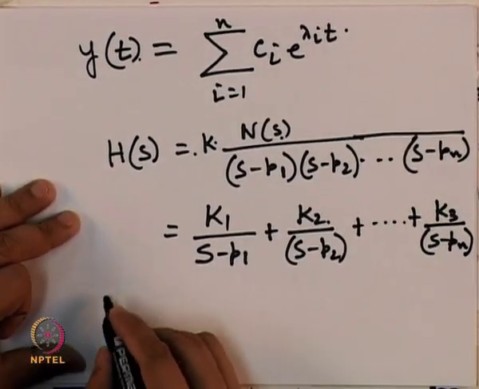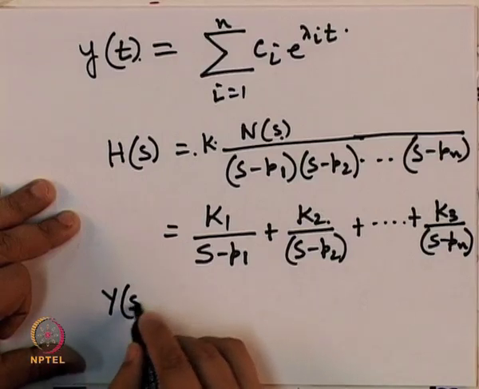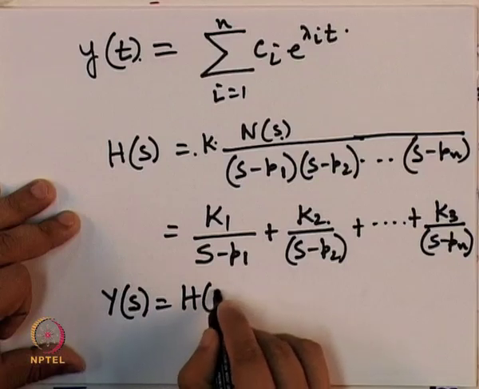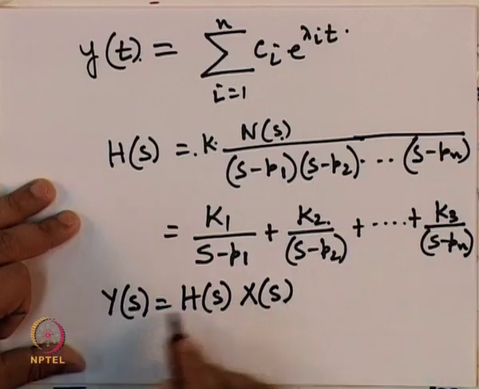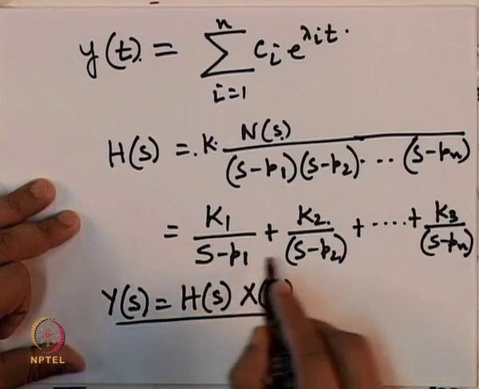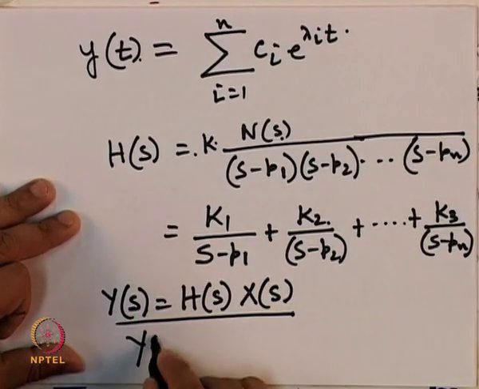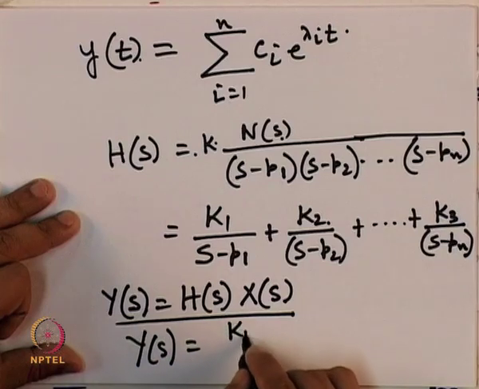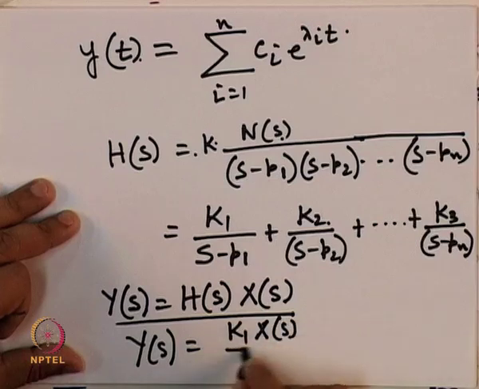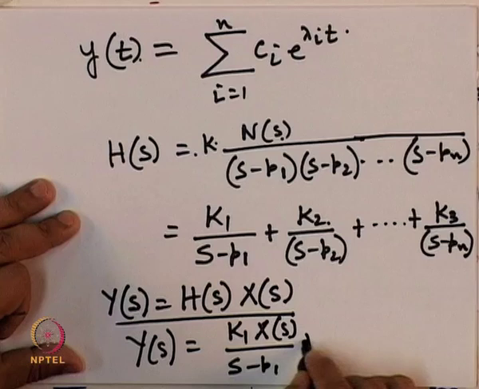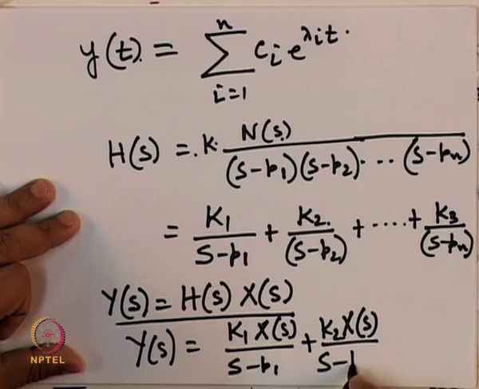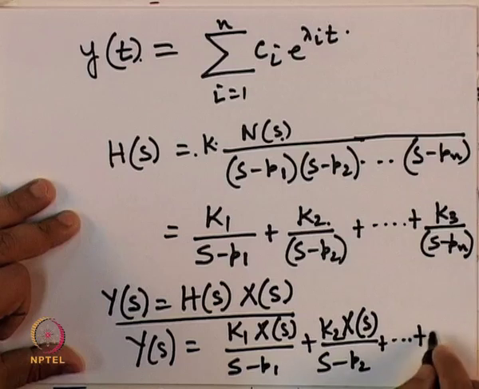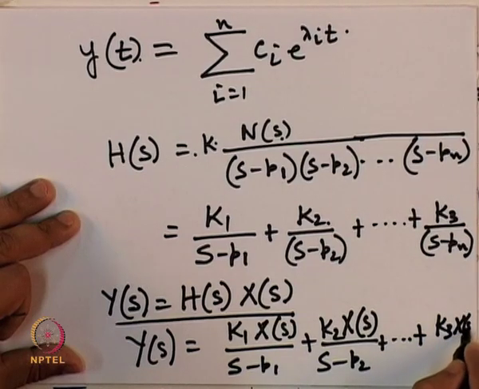Now, any output Y(s) will be given by H(s) times the input X(s). So after this equation we will have Y(s) like this: k1 X(s) upon (s minus p1) plus k2 X(s) upon (s minus p2) until kn X(s) upon (s minus pn).